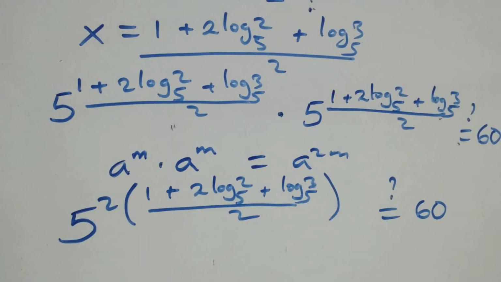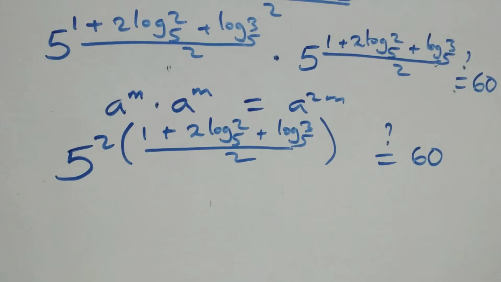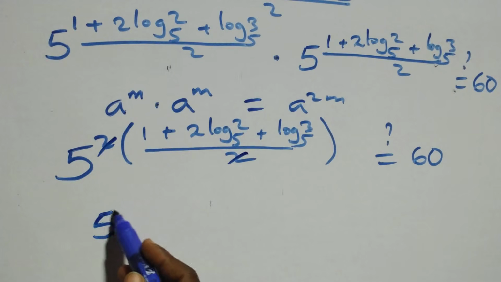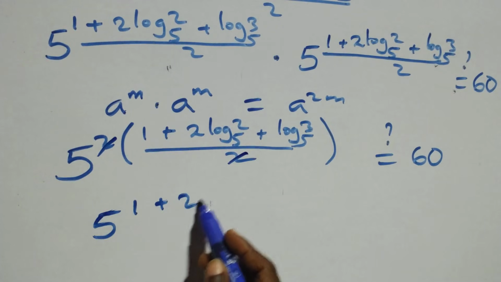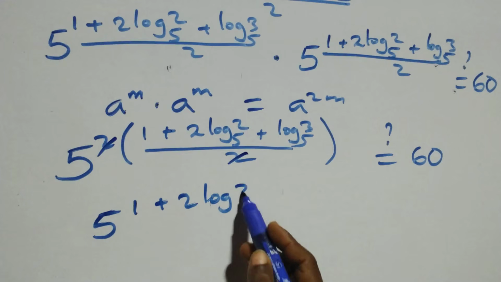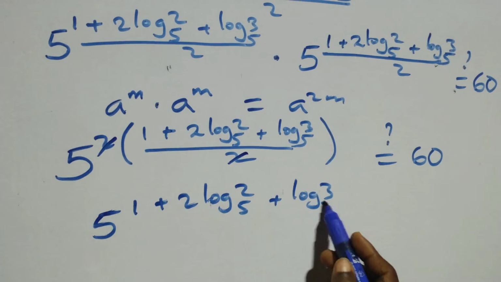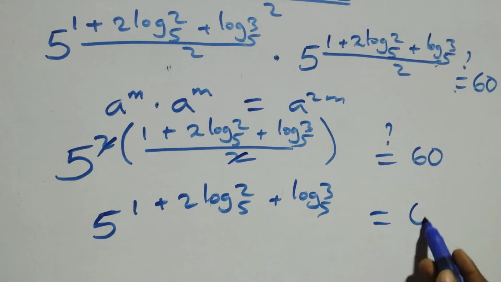That is, this power multiplies and the 2 here cancelled each other. We have 5 raised to power 1 plus 2 log 2 base 5 plus log 3 base 5, is it equal to 60 on this side?